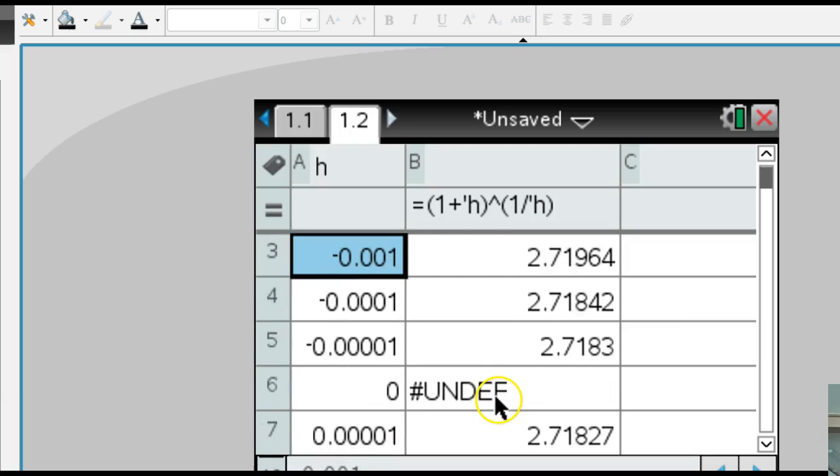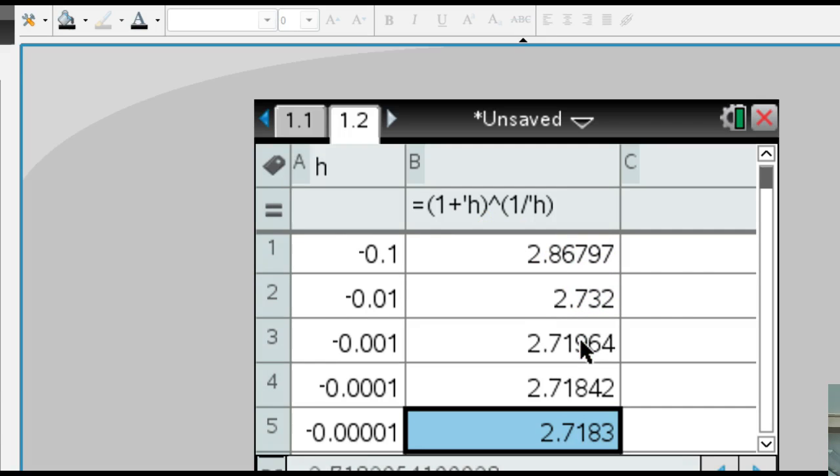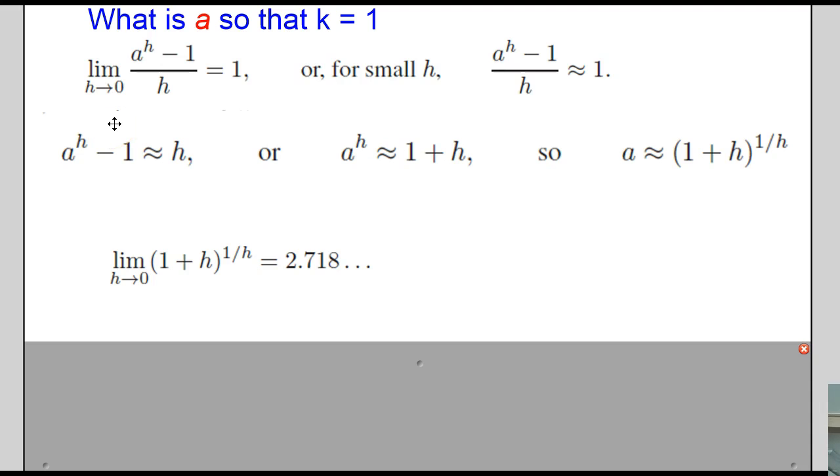And as you can see, the values for (1 + h)^(1/h) seem to be getting really close to 2.718 something. And where is that number familiar? Where have we seen a number close to that? Well, if you said e, you'd be absolutely correct. As h approaches 0, (1 + h)^(1/h) is really close to 2.718.